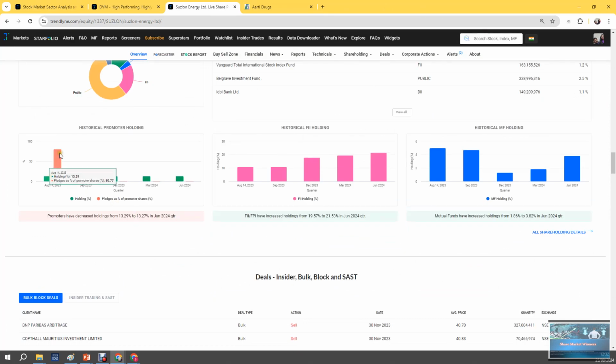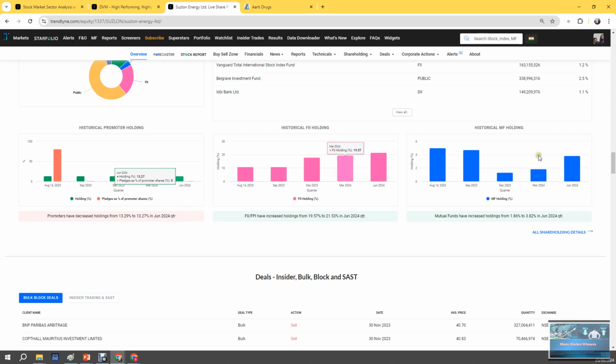See, this happened long back in 2023. That pledging happened, but after that they are retaining their stock. They have not sold any of their stocks in the various other quarters. They are constantly maintaining it.